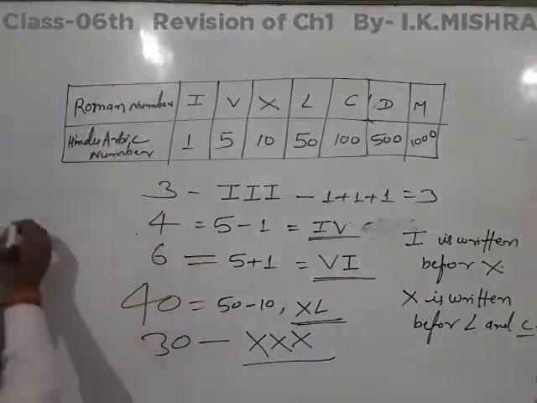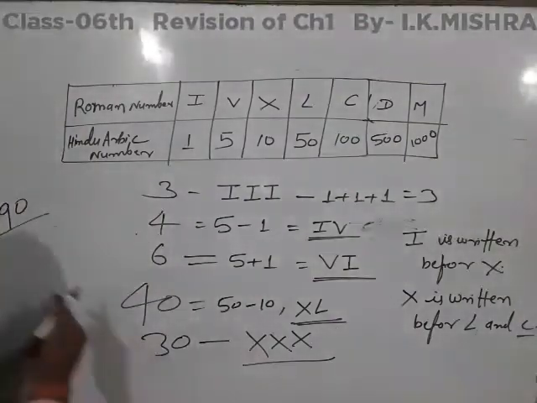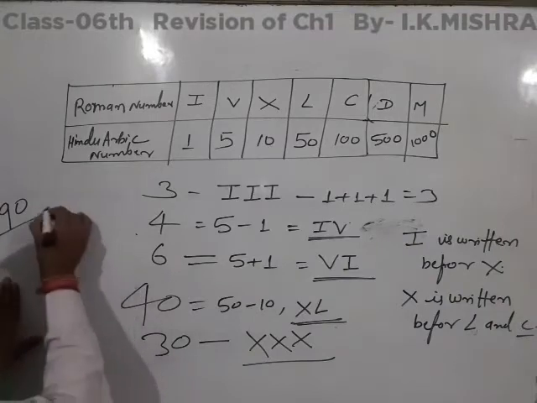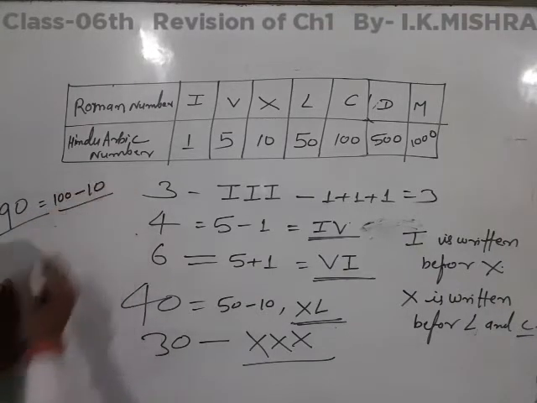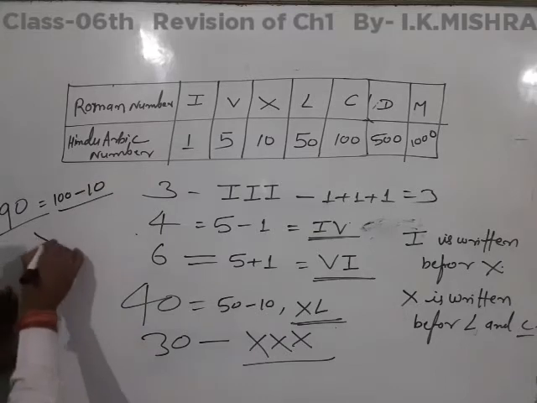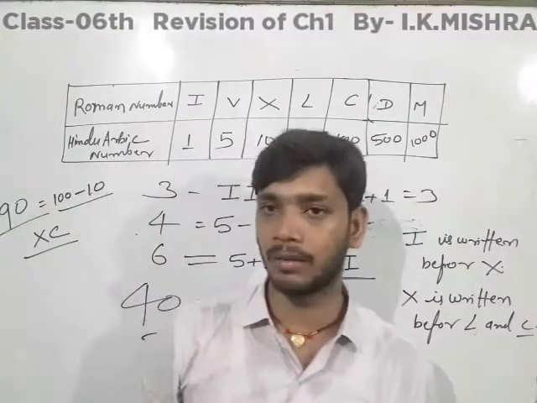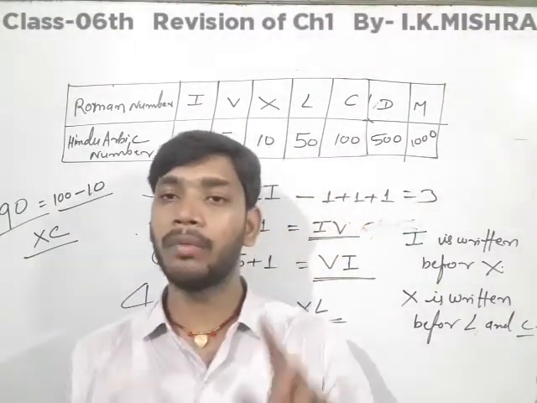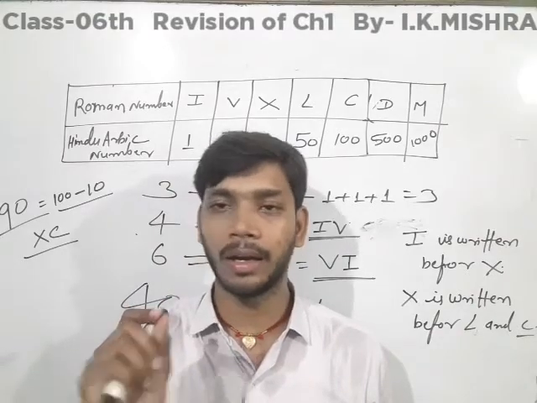Suppose you have to write 90. How will you write 90? For writing 90, that means 100 minus 10, and it will be written XC. For subtraction, write X before the number 100.